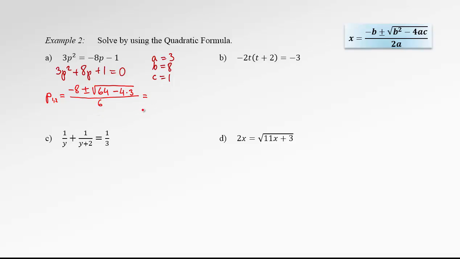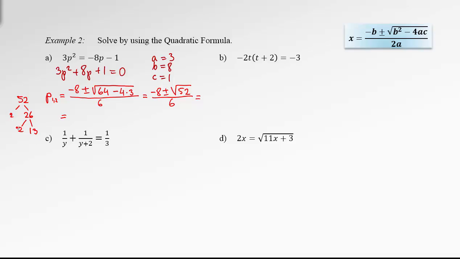And then simplify. So we have negative 8 plus minus root of 64 minus 12, which is 52, over 6. And now let's try to simplify. Can we simplify 52? Well, maybe we can help ourselves with a factor tree on the side. 52 factors into 2 times 26, which factors into 2 times 13.